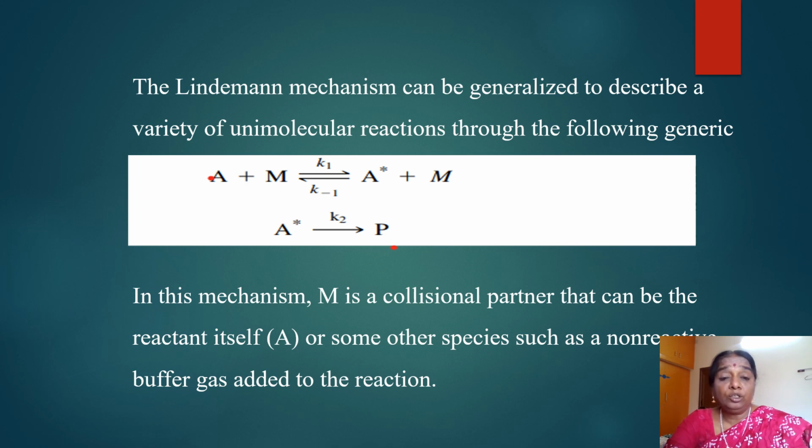So we have two chances: either the A star gets deactivated to become the original, less energetic A by sharing its energy with the reactant M, or it may give the product by decomposition with the rate constant K2, representing the rate determining step in which the product is formed. Thus, in this mechanism, M represents a collisional partner that can be the reactant itself, A of similar type, or some other species such as a non-reactive buffer gas added to the reaction.